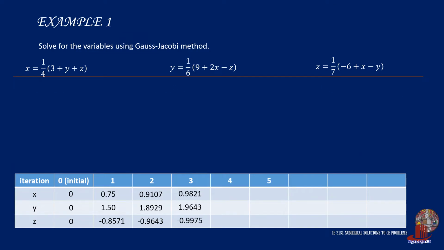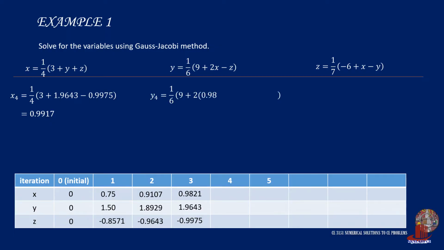At this point, although we can see a trend, let's just continue with some more iterations. For the fourth one, x sub 4 is computed as 1/4 of 3 plus 1.9643 minus 0.9975, and that is 0.9917.